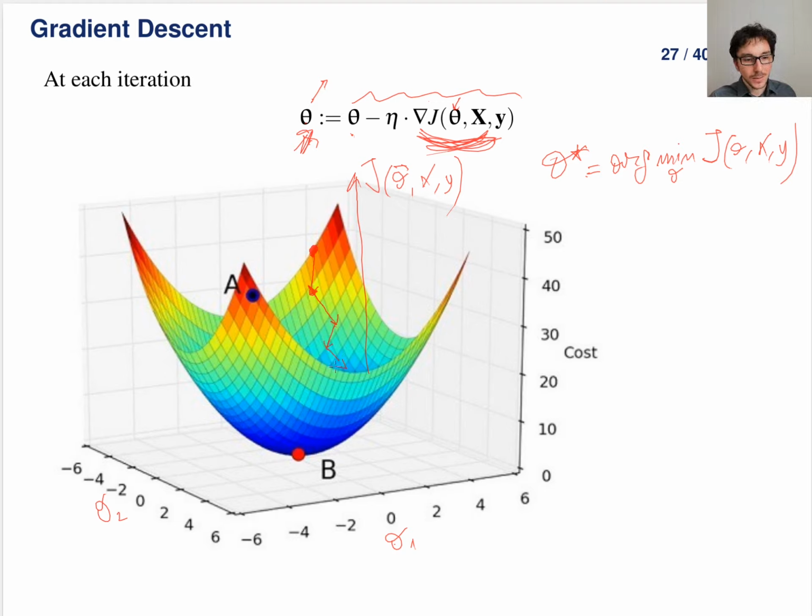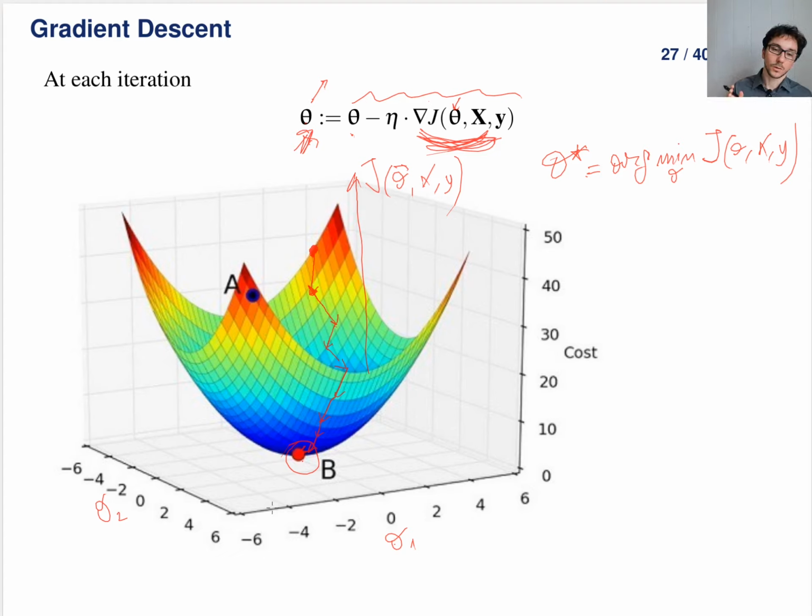And by doing this repeatedly, thanks to convexity, we can show that we arrive at the minimum. At this minimum, the gradient is 0. And so when we arrive there, we actually converge, meaning that the updates are always 0, so we don't move from there.